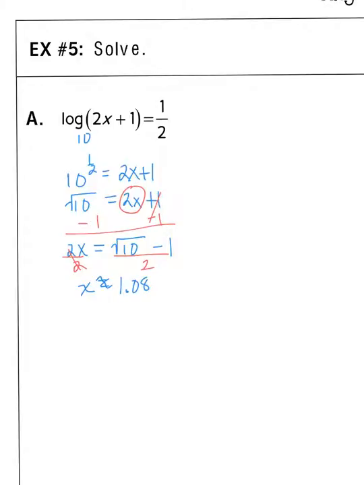Now, since we are solving logarithmic equations, you have to take your answer and plug it in here and make sure that this answer does not create a value that is 0 or negative. Because remember, when you're taking the log of this item here, it is understood as part of the parameters that it's got to be a positive number. So since this is within our parameters, we can accept 1.08 as a solution.